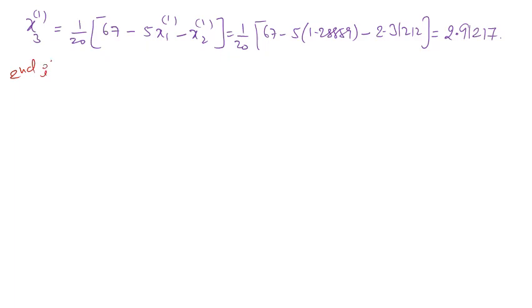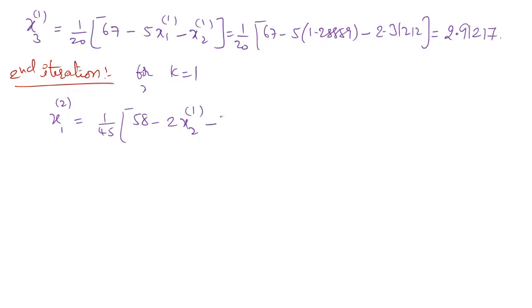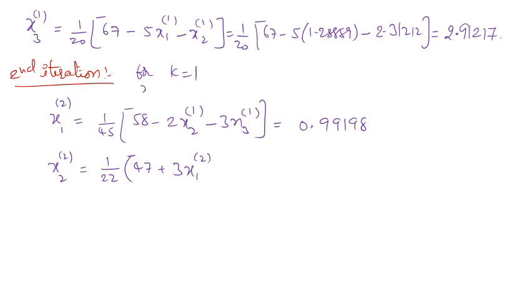Coming to the second iteration. This is for k equals to 1. Now x1 at second iteration is 1 by 45 of 58 minus 2x2 at first iteration, minus 3x3 at first iteration. Because the first iteration values are known, you substitute all these values. Just I am giving the value: 0.99198. Now x2 at second iteration is 1 by 22 of 47 plus 3x1 at second iteration, the updated value is used here, minus 2x3 at first iteration.